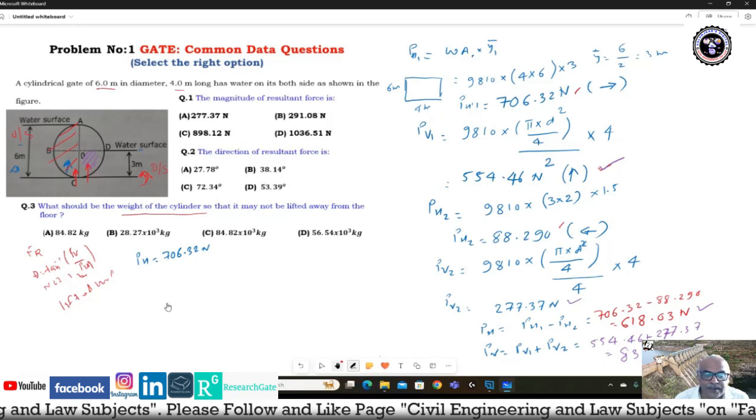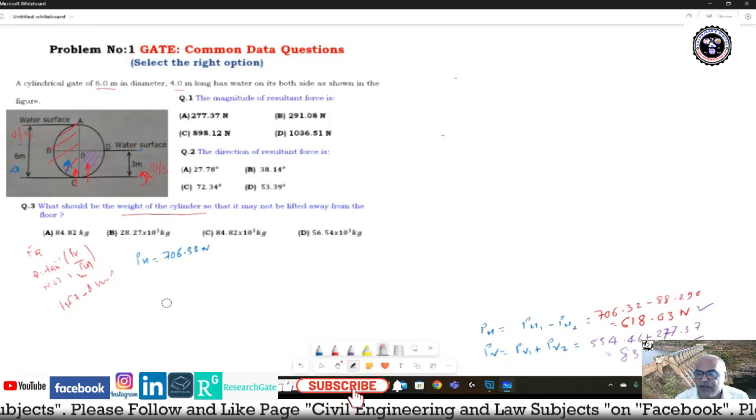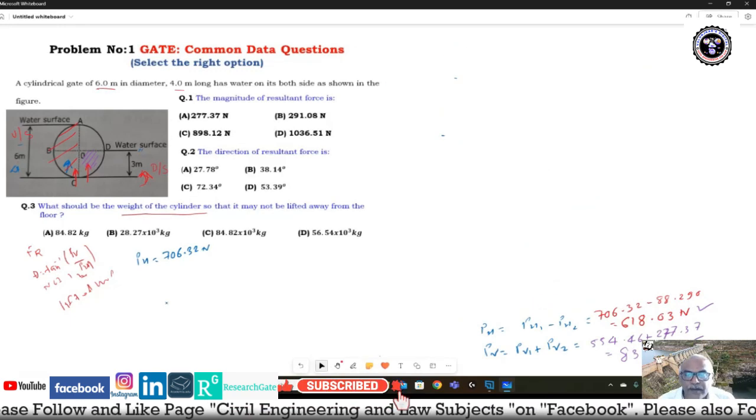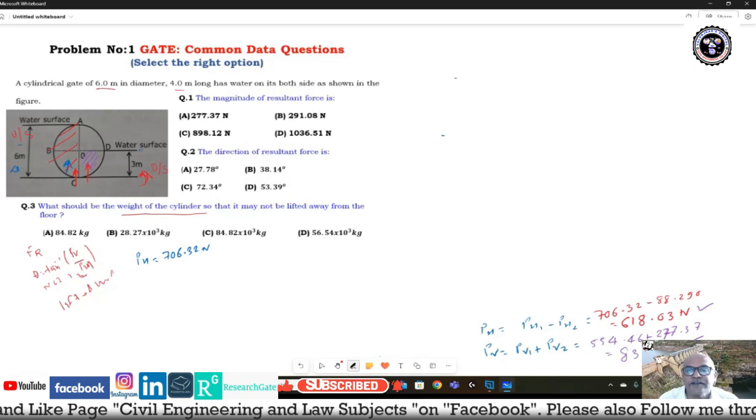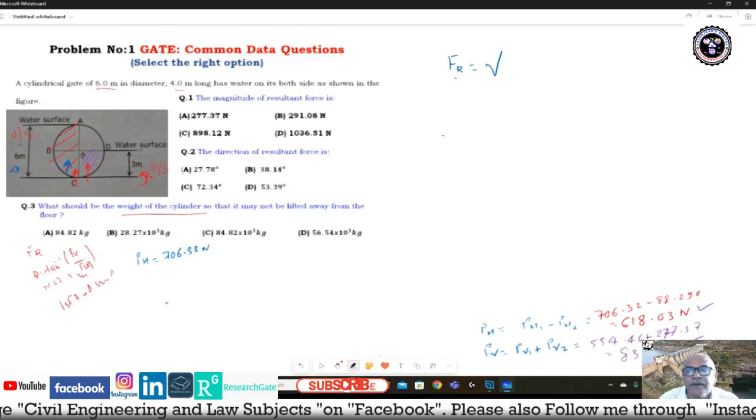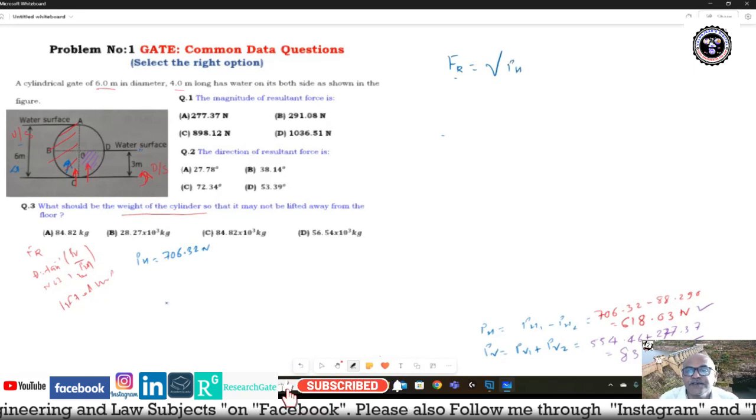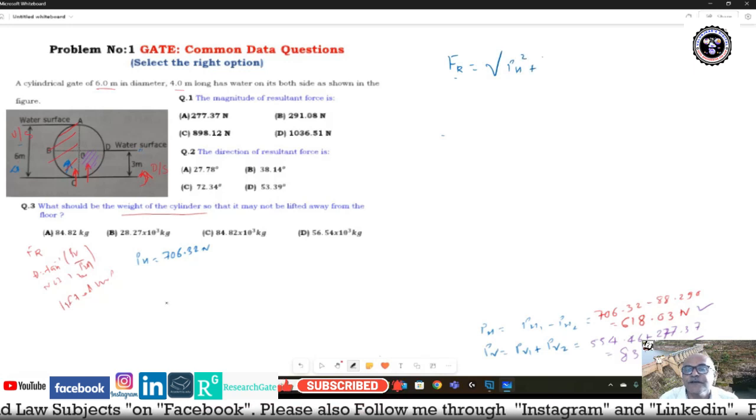Then FR is equal to under root pH square plus PV square.